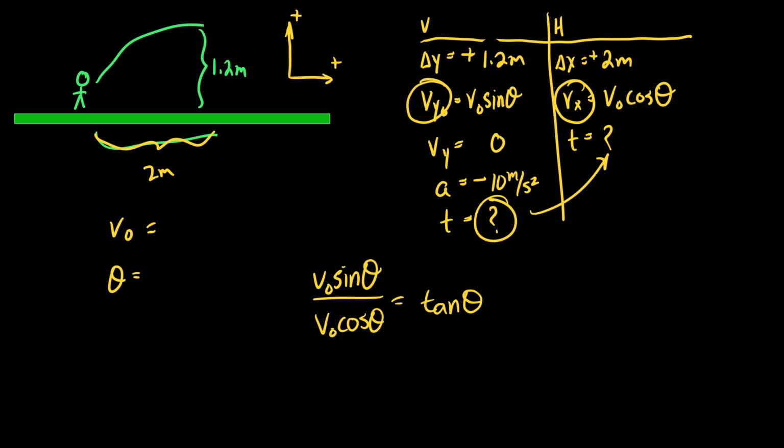The V naughts cancel out, and I get sine divided by cosine. That's got to be tangent. So if I have a number for those, I think I can use that to figure out what theta is. And once I have theta, I can go back then and figure out what one of the V naughts is. Does that seem like a good plan?